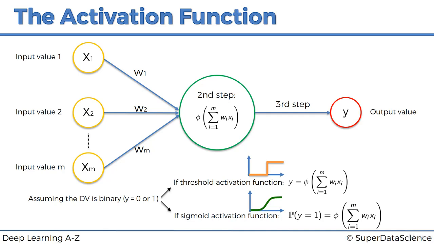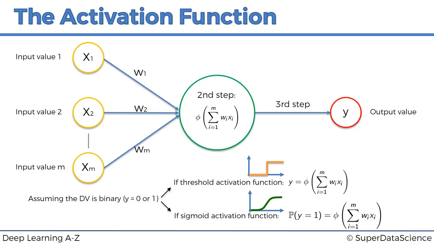Basically, the closer you get to the top, the more likely it is that this is indeed a 1 or a yes rather than a no. And that's very similar to the logistic regression approach. Those are just two examples if you have a binary variable.